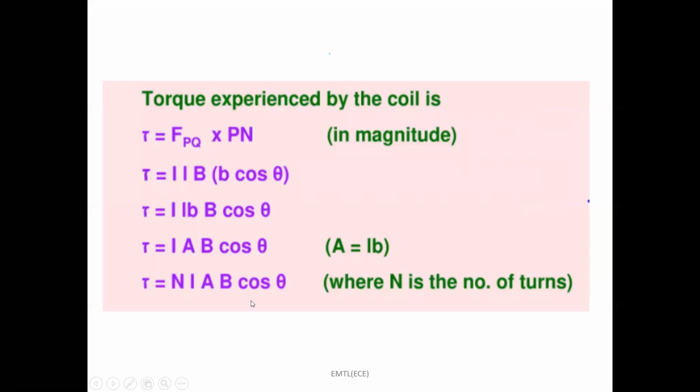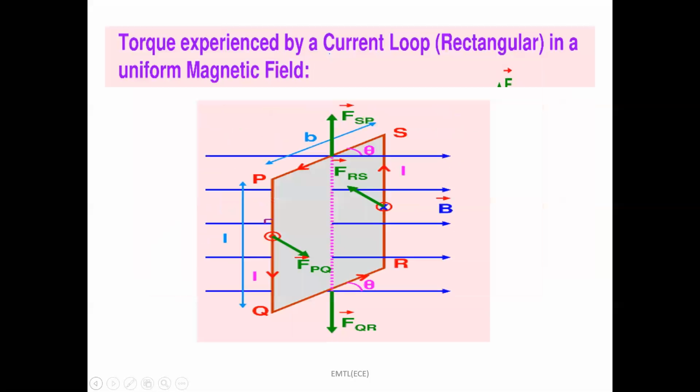So the torque experienced by the coil: as we already know the basic definition, torque T is equal to force into displacement. Here the force on the PQ side is FPQ and the displacement is along the PN direction.